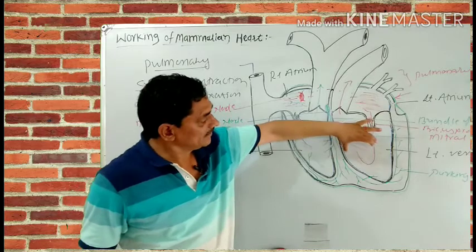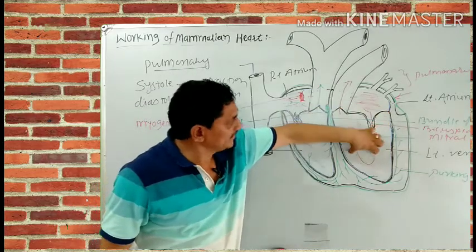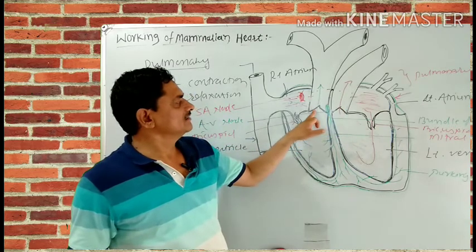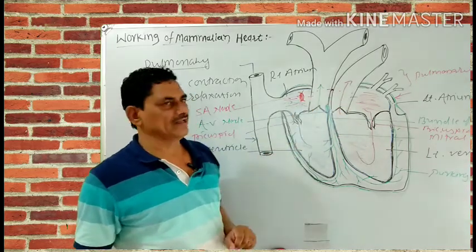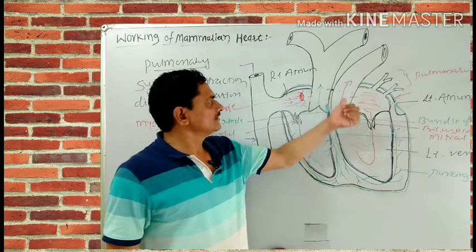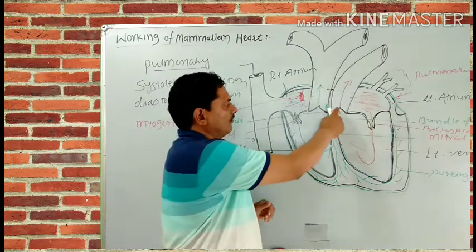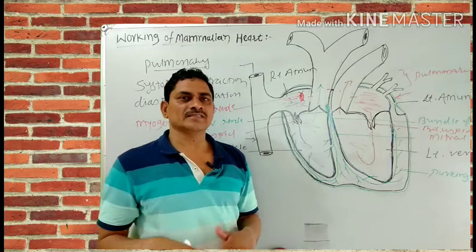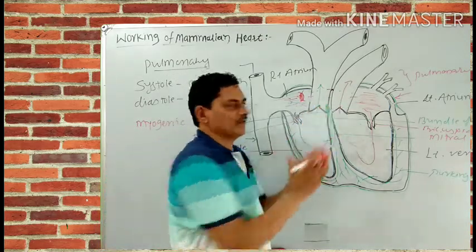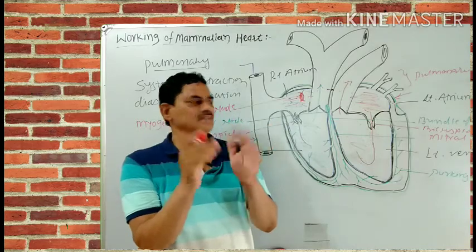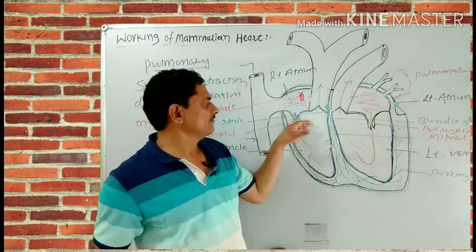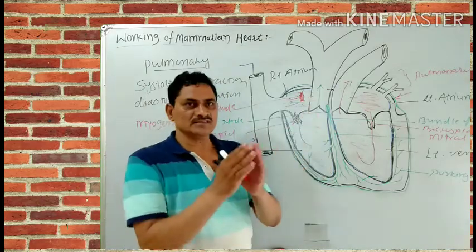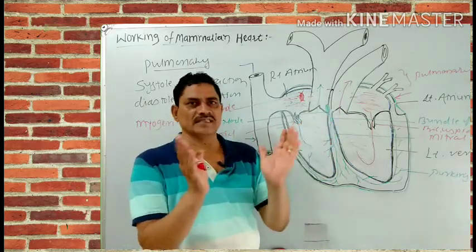But when the ventricle contracts, at the opening of this aorta, in the aortic arch, there is a valve. This valve is called the aortic semilunar valve. It opens like this, and the bicuspid valve and tricuspid valve close like this.